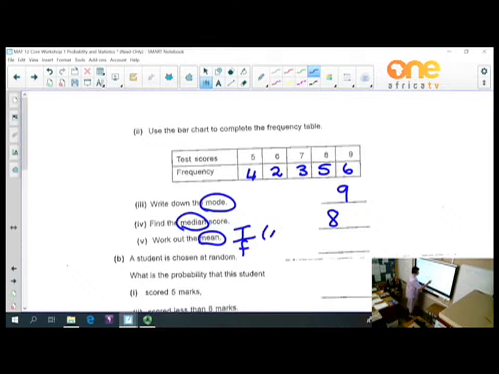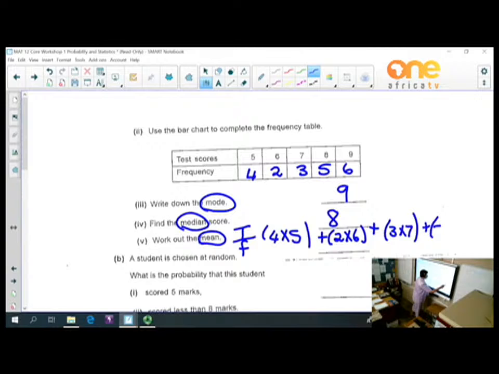It will then be 4 times 5 plus 2 times 6 plus 3 times 7 plus 5 times 8 plus 6 times 9. You can't just add them, you have to multiply them, and then we divide them by the total of the frequency, which was in this case 20, originally 20. And the answer is then 7.35.